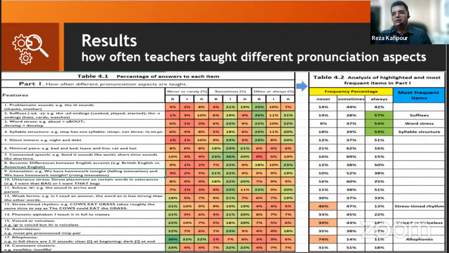So the table shows the percentage of teacher responses to each item regarding learner proficiency level. If you look at the table, B stands for beginner, I for intermediate, and A for advanced learners, aligning with whether they are taught these aspects or not.